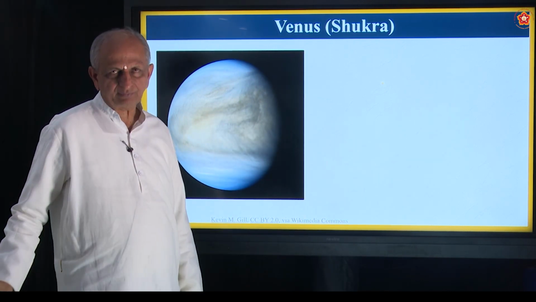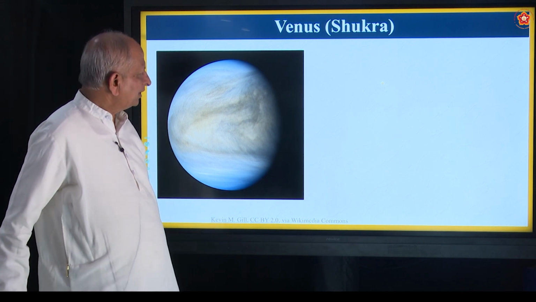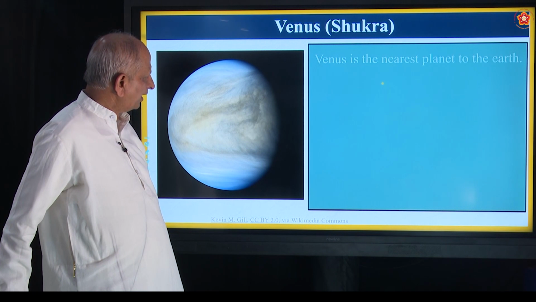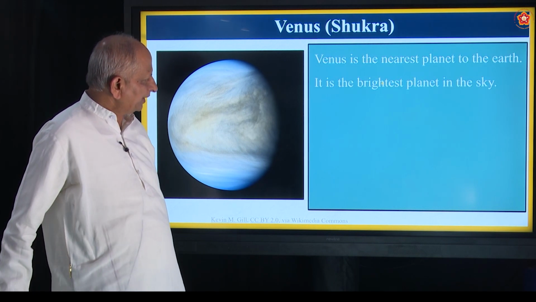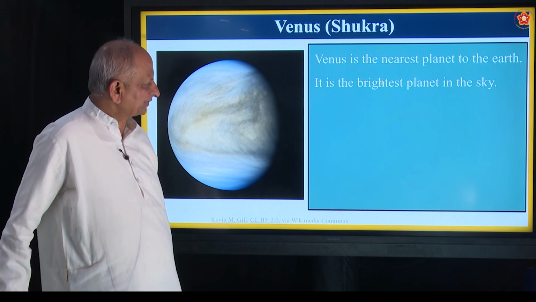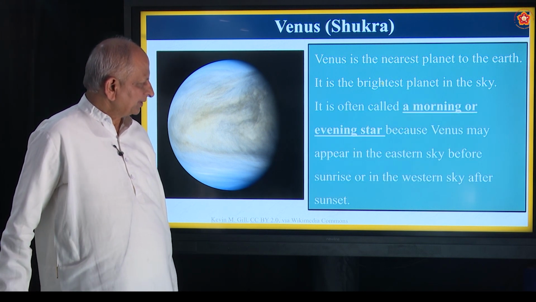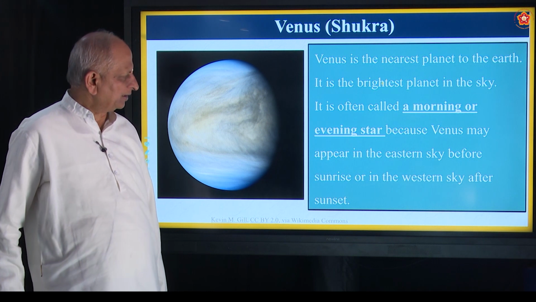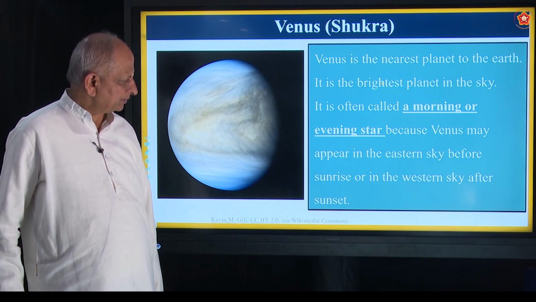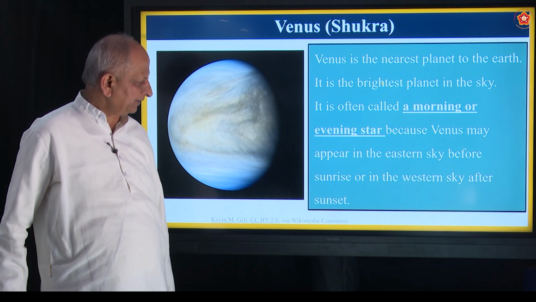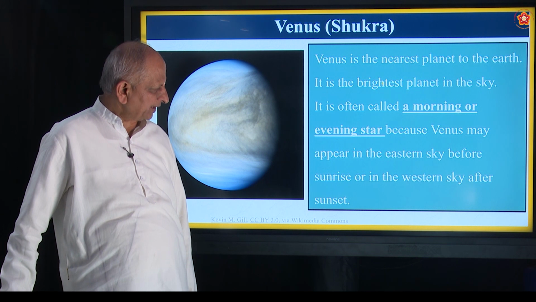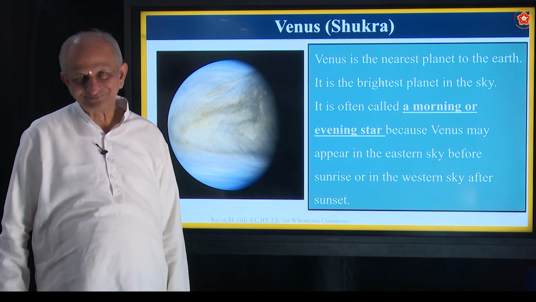Now comes the second one, called Venus. In Sanskrit we call it Shukra. Venus is the nearest planet to the Earth. It is the brightest planet in the sky. It is often called a morning or evening star because Venus may appear in the eastern sky before sunrise or in the western sky after sunset.